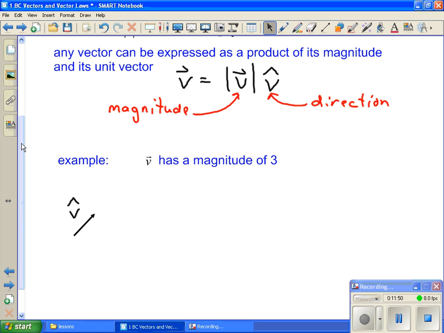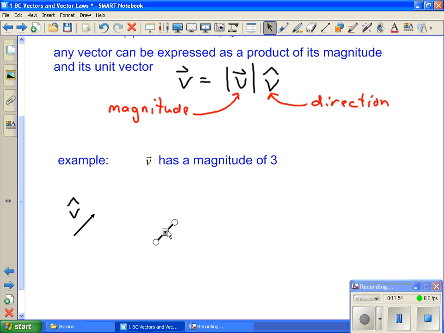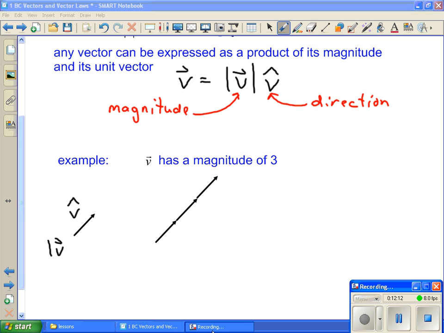So if I take 3 of my unit vectors and I put them one after the other, I have created this new vector that has a magnitude of 3, because my unit vector here has a magnitude of 1. Let's fix that.